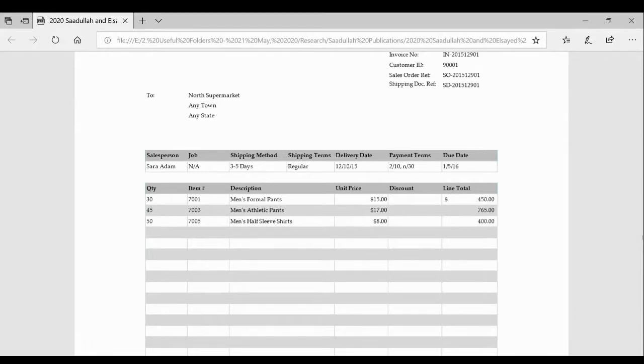So if this number was not accurate, that means there is something wrong. They have not used the authorized price list. And also, while you're at it, you calculate the 30 pants, $15 each. It's 450. So when you take a sample of invoices, you also check the accuracy of the calculation. So authorization as well as accuracy. Is that clear?